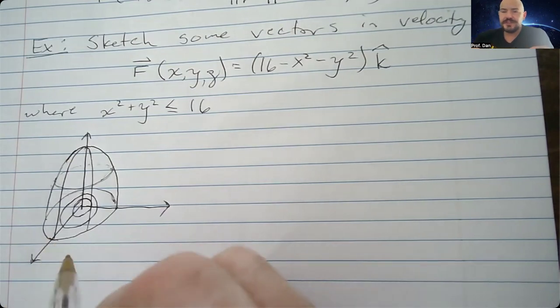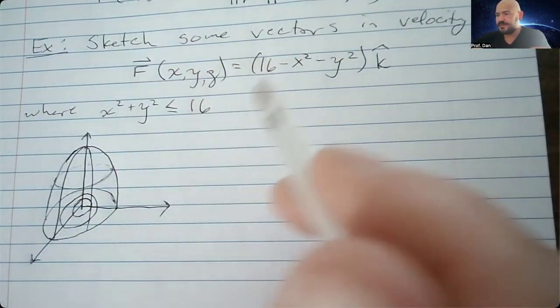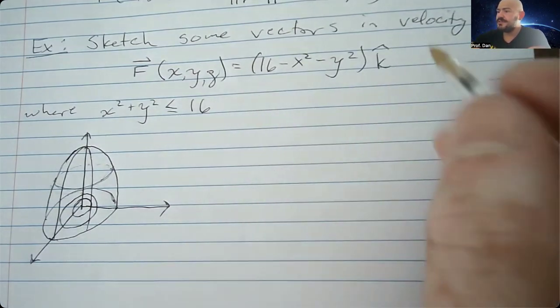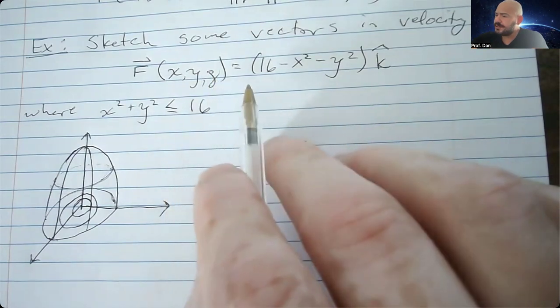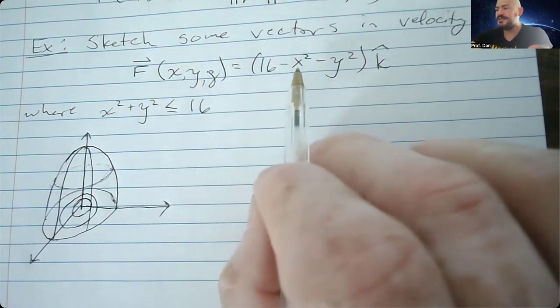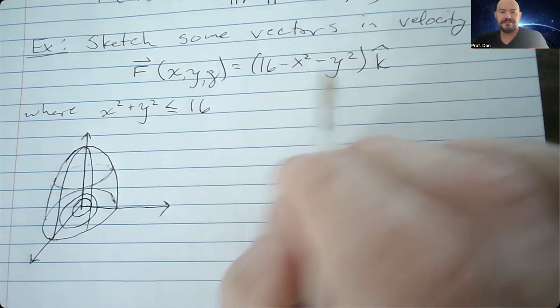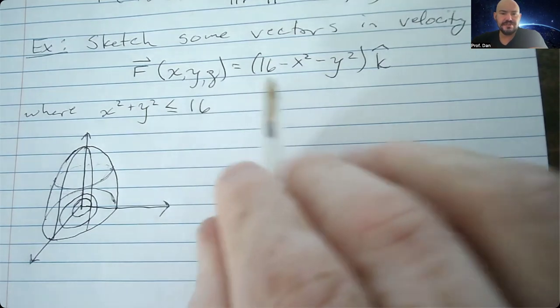And I'm drawing those because I'm going to illustrate something when we actually plot some of the vectors. So if I were to draw this, let's say that I plug in 0 for x and for y. So 0, 0, 0.